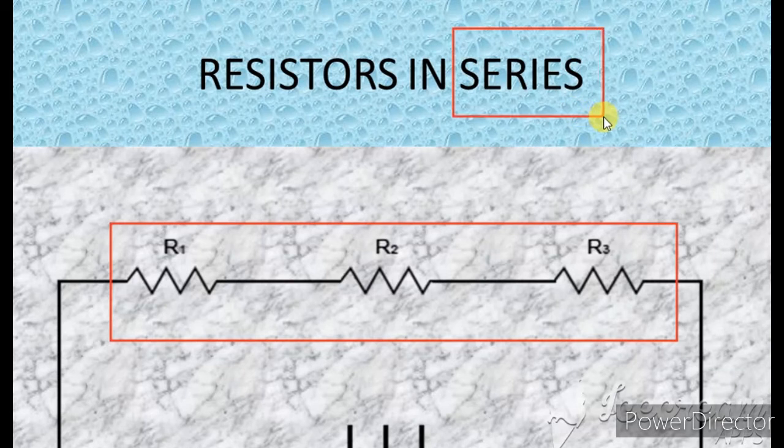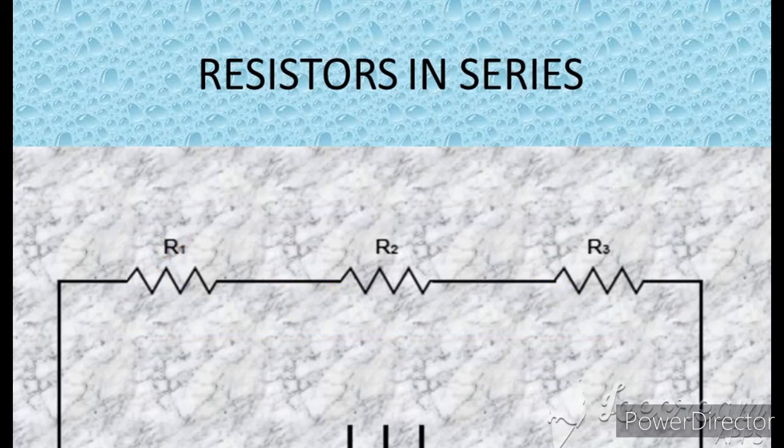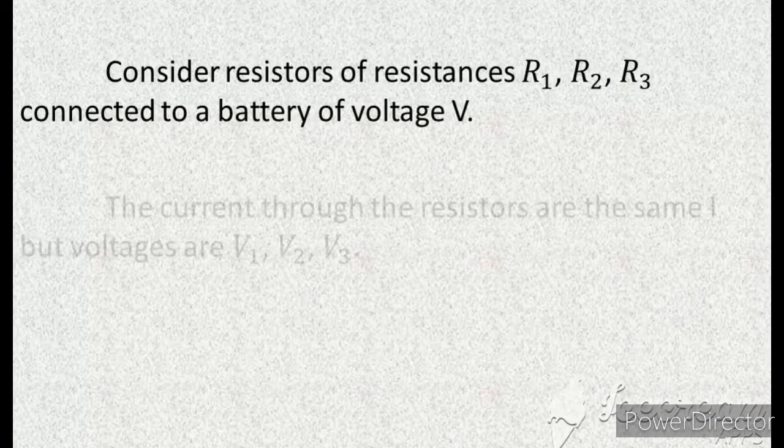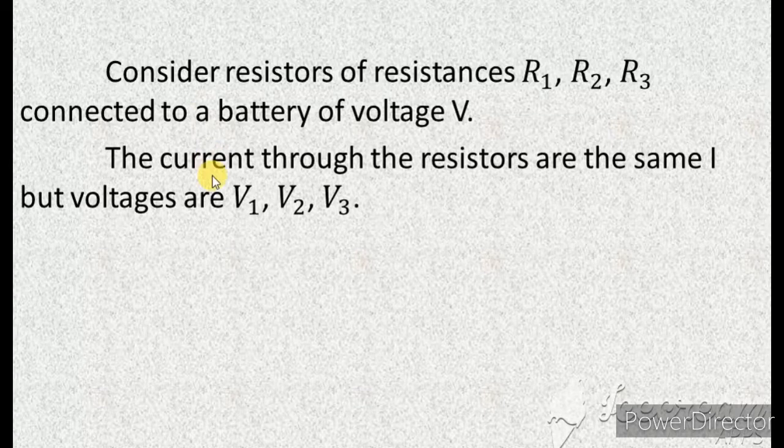Already we have seen in the first lesson capacitors in series and capacitors in parallel. In the same way, here we have resistors in series and resistors in parallel. The only change is the formula which we use. Here we are going to use Ohm's law. First consider the resistors of resistances R1, R2 and R3, with potentials V1, V2 and V3.